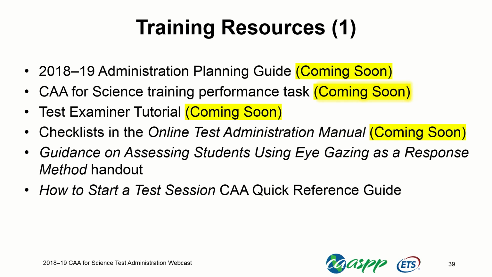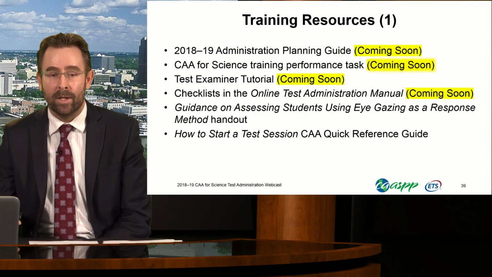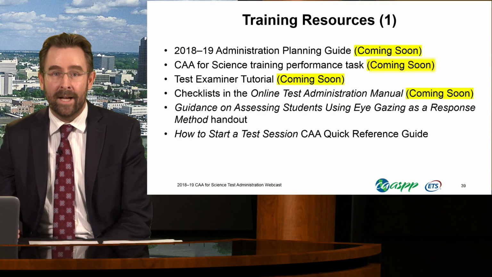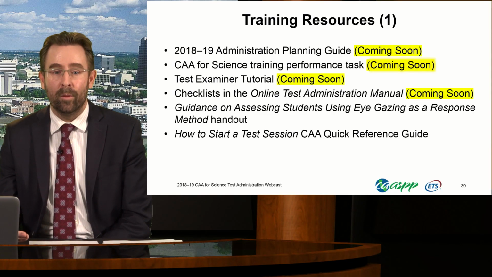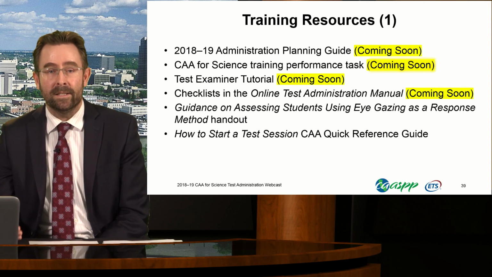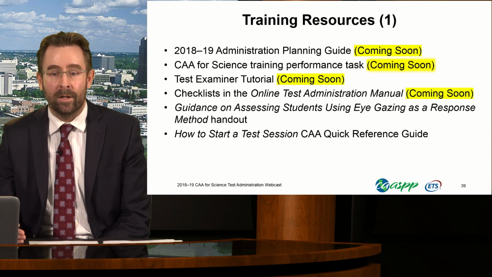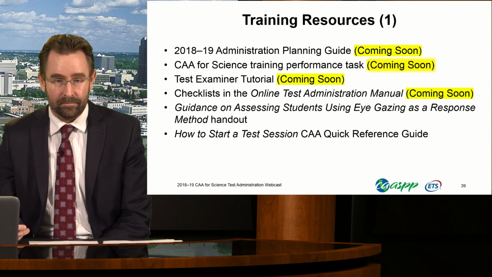And it'll be in the exact same format as the new online operational tests. So, we've been talking throughout this presentation about the changes this year, how the questions are now online. The training performance task is going to show you that new format, so help you, your test examiners, and students become familiar with the new format of the CAA for Science.